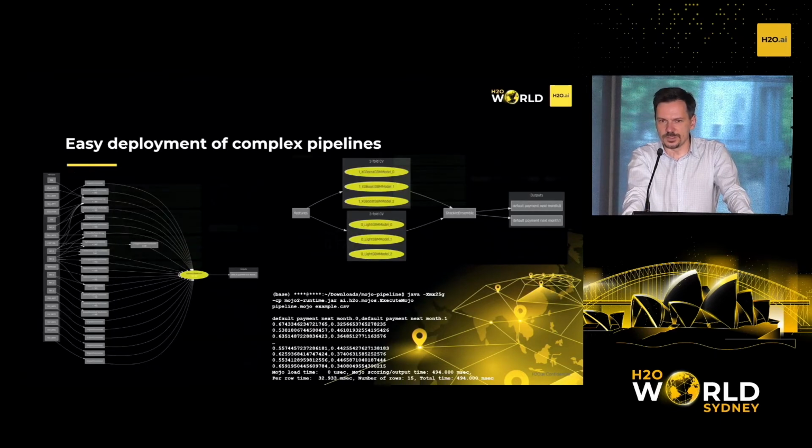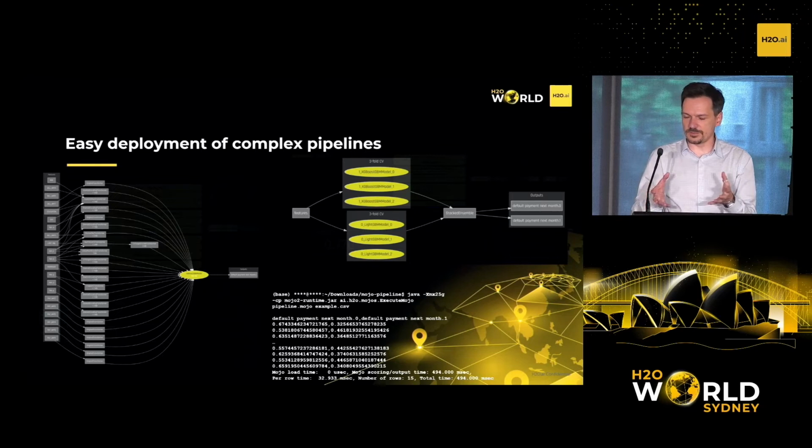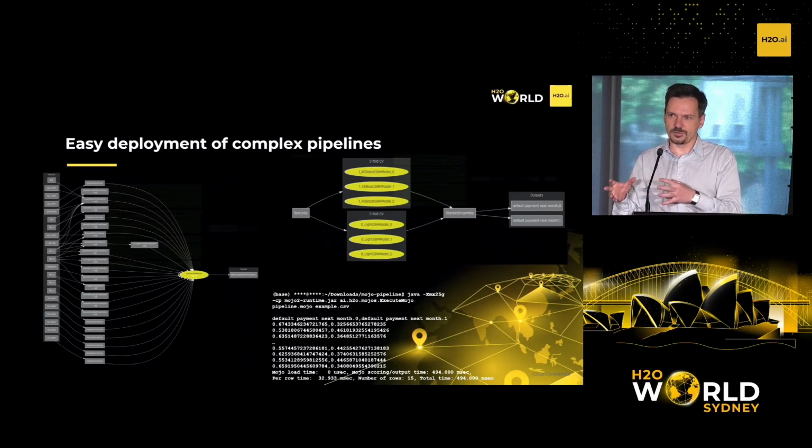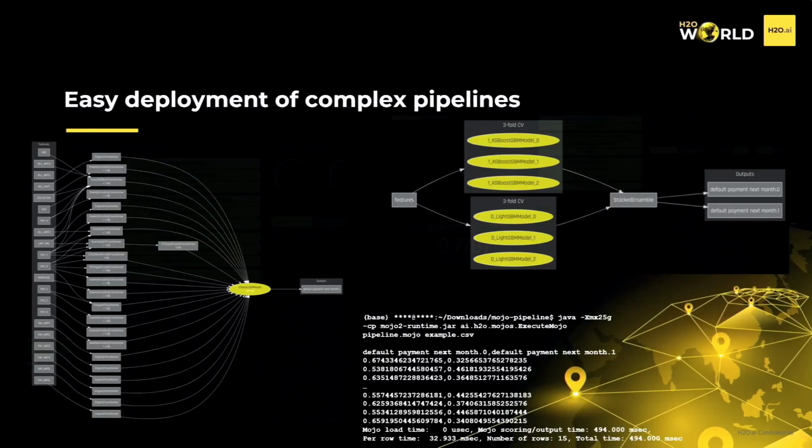The pipeline you deploy can be quite complex, but the complexity is hidden from you. Inside this package, or this Java object, for example, there can be the full feature transformations needed for the model to run, and the model itself. So it's completely ready to use. You don't need anything except this package to run it.